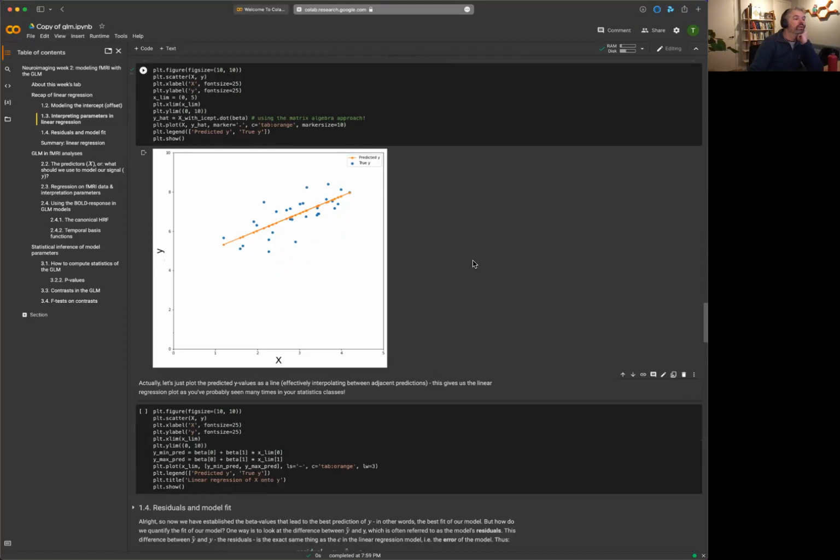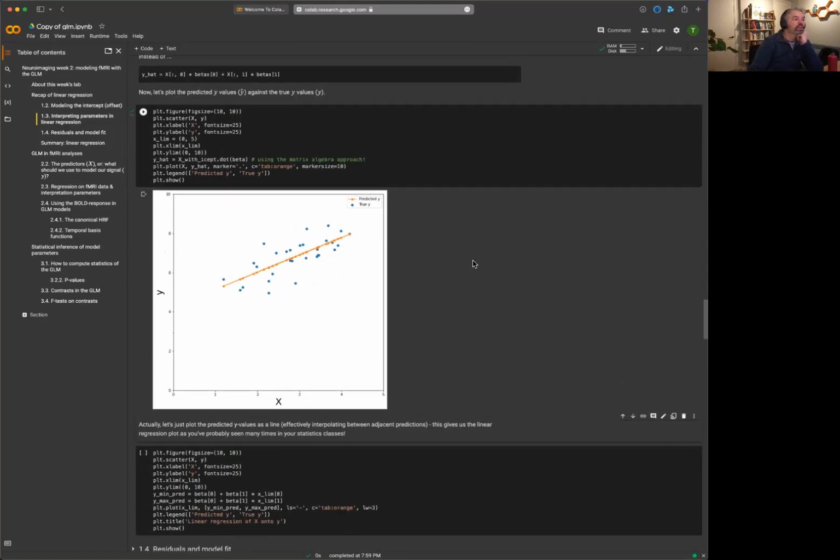Yeah, so here you see why we're calling this linear regression. The line that we fit is a linear line. It's a straight line, which means that this is linear. You see that the predicted y captures the main direction of the data, but it doesn't capture all of this noise.